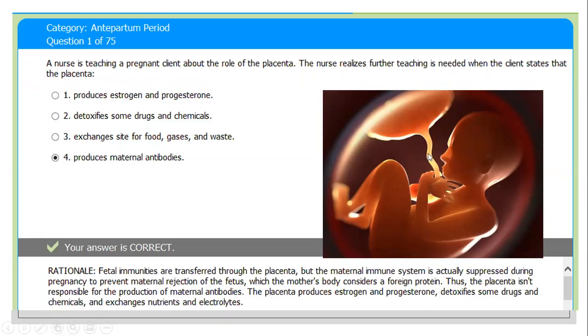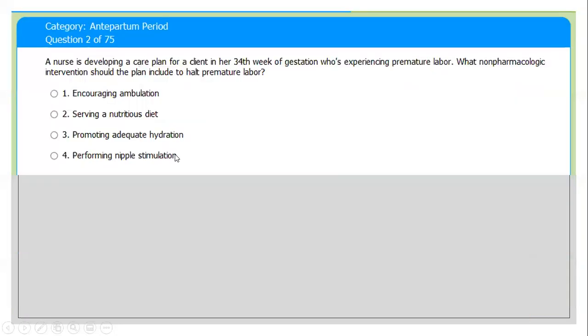They protect the baby, provide nutrition, help in respiration and excretion, and produce hormones as well, estrogen and progesterone, but do not produce maternal antibodies.